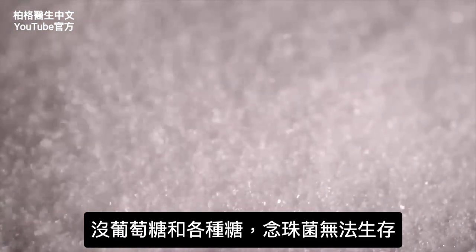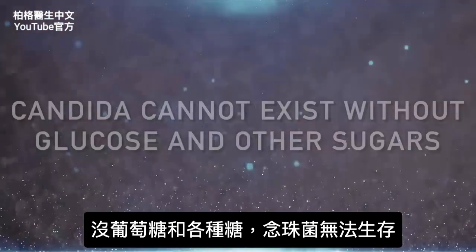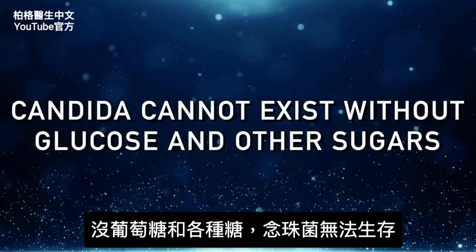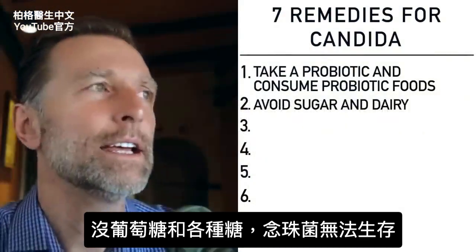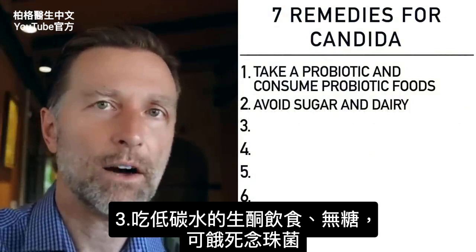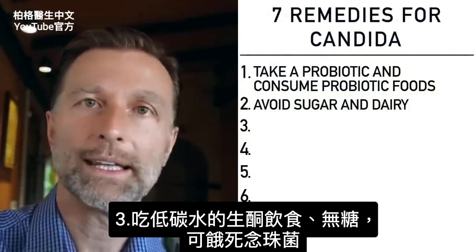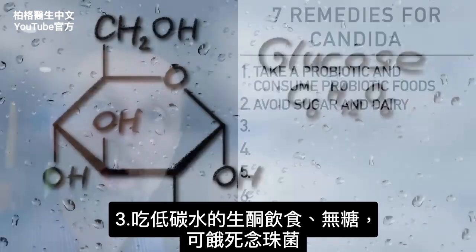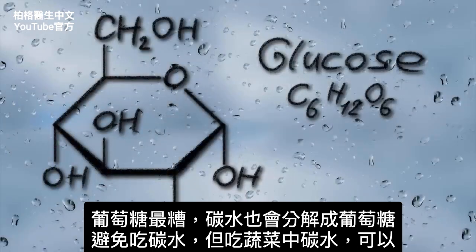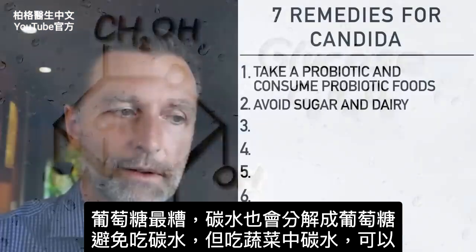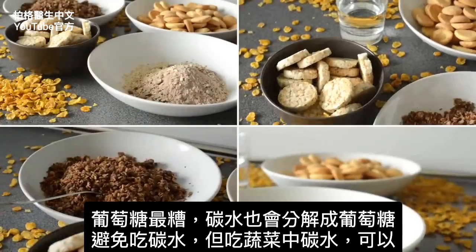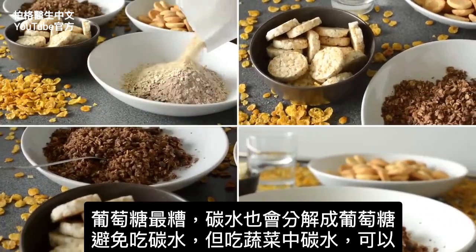The other point about sugar is that candida cannot exist without glucose and other sugars. What does that mean? It means that if you starve this candida off by going on keto, low carb, no sugars, it's going to go away. Glucose is the worst sugar, but a lot of carbs turn into glucose. So we just want to avoid carbohydrates unless they're vegetable carbohydrates.